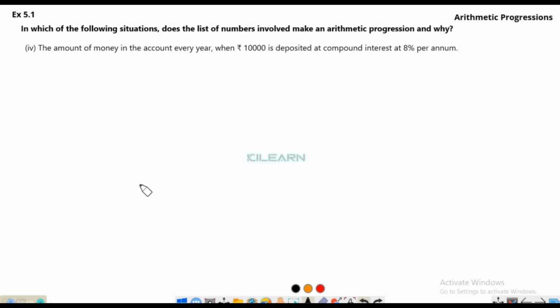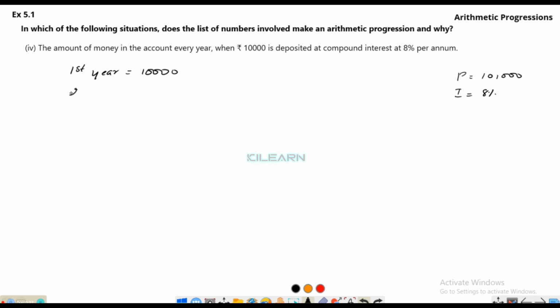Question number 4. The amount of money in the account every year when rupees 10,000 is deposited at compound interest at 8% per annum. Here the principal amount being deposited is 10,000 rupees, and every year they get an interest of 8%. The first year amount will be the same 10,000 rupees.